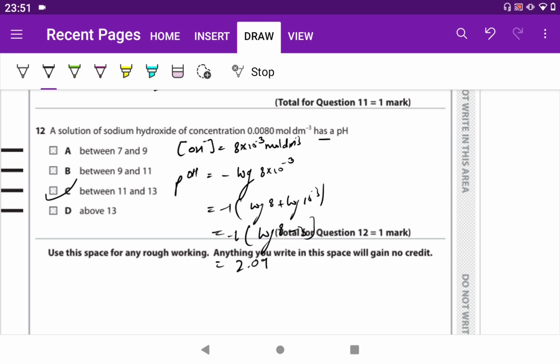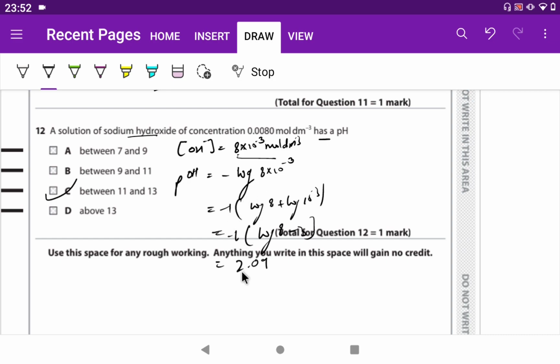Now question 12. A solution of sodium hydroxide of concentration 0.008 mol per dm³ has pH. We have to solve this. It's a base, so the ion will be OH minus, and we can say the concentration of OH minus is this. So pOH will be minus log of this concentration.